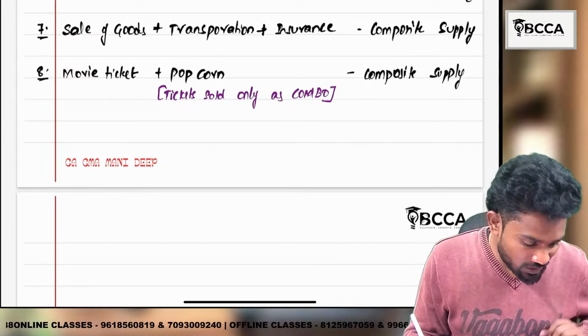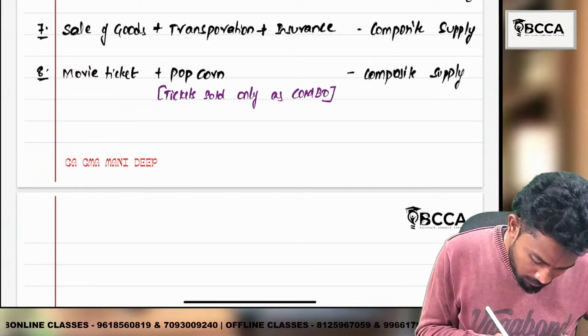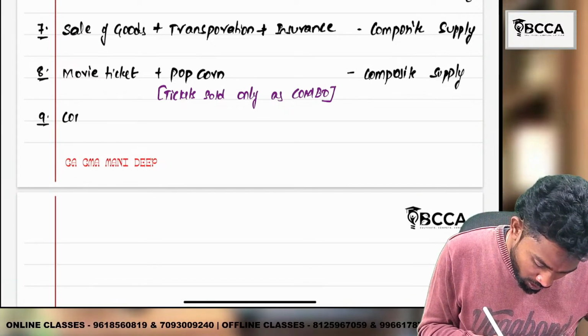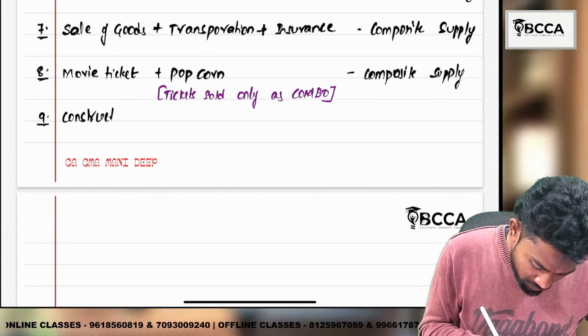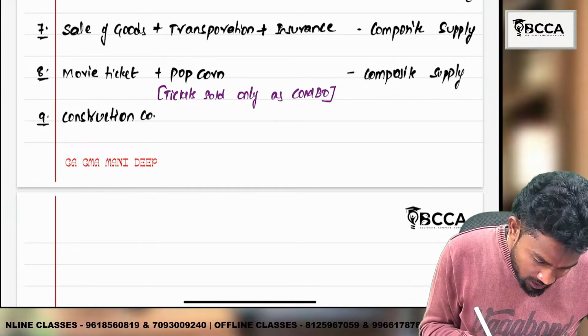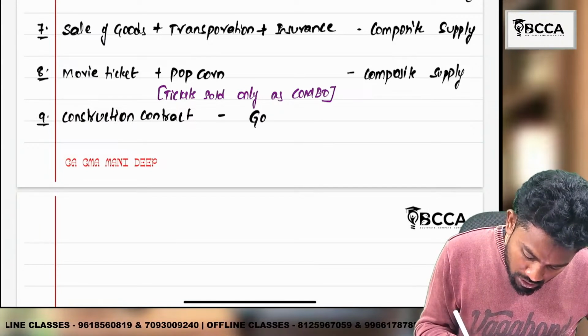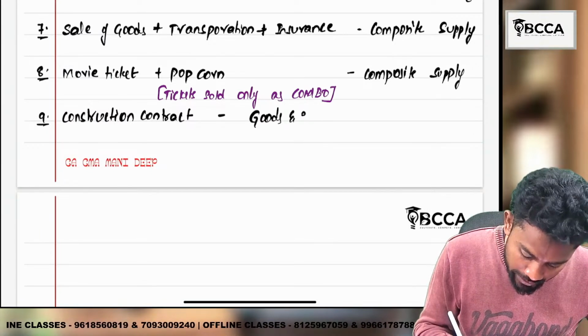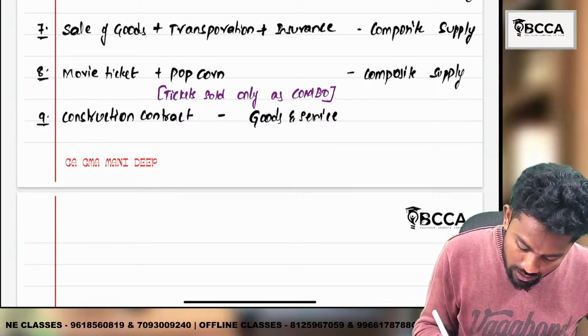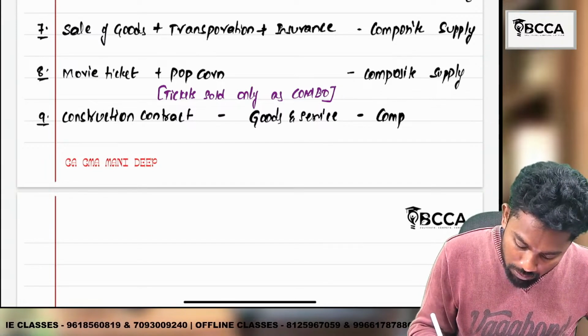Then construction contract. In a construction contract, there involves both goods and services. Works contract example. That also has to be treated as what? Composite supply only.